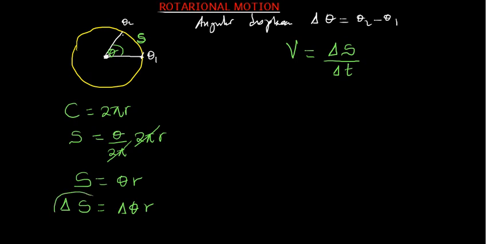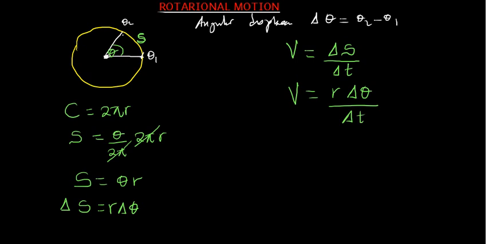Because I'm talking of change in arc, it should also be change in the angle, because just arc itself is just r times theta. Now instead of writing the r behind, let me write the r in front here. It's the same thing. And so in this formula where I'm saying change in s, I'm going to put that one. So velocity becomes r delta theta divided by delta t.